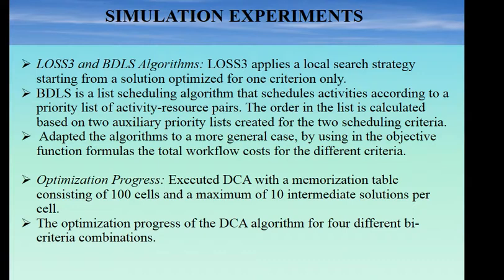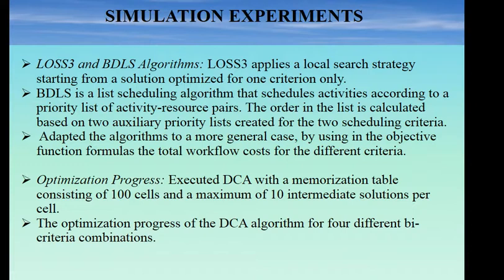Here, what LOS 3 applies is a local search strategy starting from a solution optimized for one criterion only, whereas BDLS is a list scheduling algorithm that schedules activities according to the priority list of activity resource pairs, and the order in this list is calculated based on two auxiliary priority lists created for the two scheduling criteria.